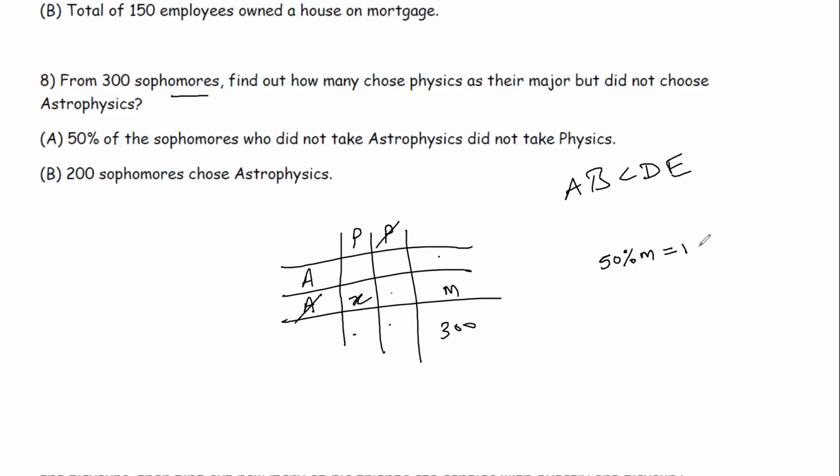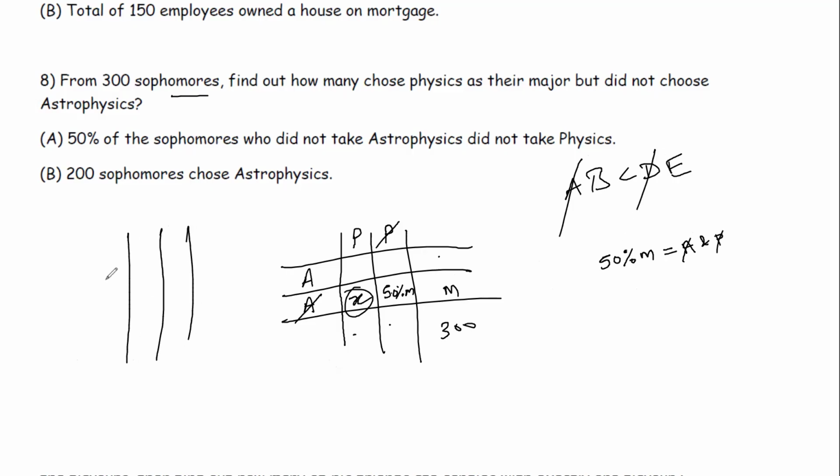So this is your not A and not B column. This is your 50% of M, in other words, half M. So again, with statement A alone, we cannot get the answer for X. So A is out, D is out.